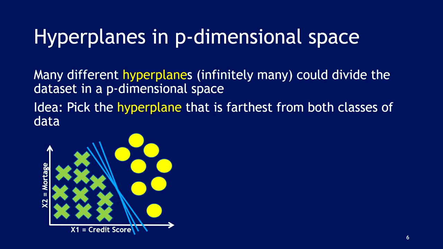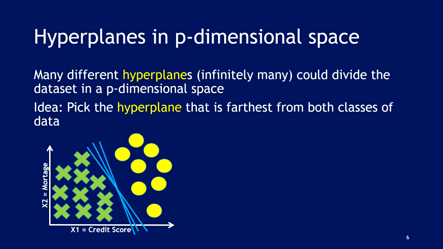Usually you cannot really draw a hyperplane in more than 3 dimensions. In a 3-dimensional space, you would draw it almost like a piece of paper, right? It's a flat surface. However, you can also extend that to 4 dimensions, 5 dimensions, and so on.